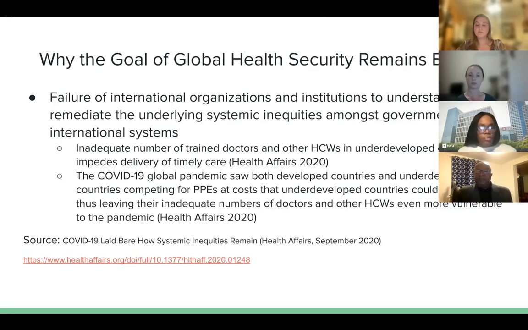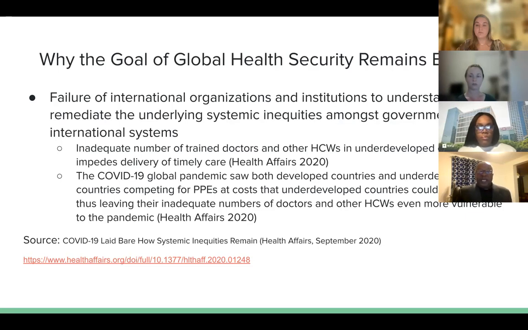So as a result, most underdeveloped countries don't really have any capacity, or they have minimum capacity, to actually create systems that will be able to contribute toward this global health security goal. And the international community, for the most part, has not been able to grapple with this, to understand that there are systemic inequities, disparities amongst governments to create systems that really can contribute to maintaining or achieving global health security.